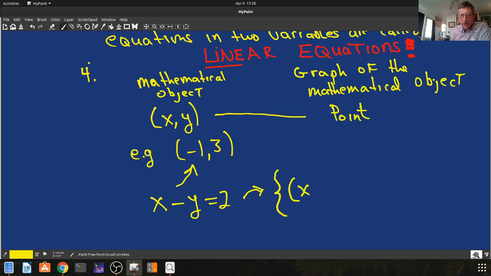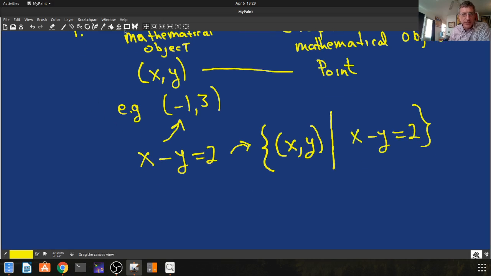It's all ordered pairs x, y, so there's just an infinite number of these, such that x minus y is equal to 2. And we already saw some things which are in the set, where it's impossible to list all of them because there's an infinite number.